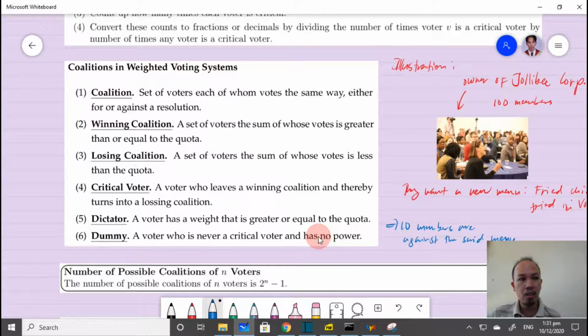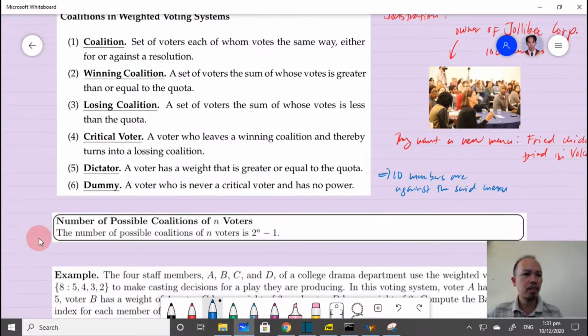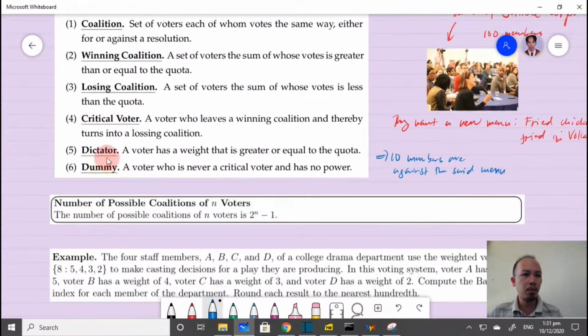I guess the dummy, or maybe not. I forgot. But anyway, the dummy is one that is never a critical voter, which has no power, meaning the Banzhaf power index is 0. So that's what we mean by a dummy. I'm going to look at the previous example, if I am right or wrong. For now I am confused.